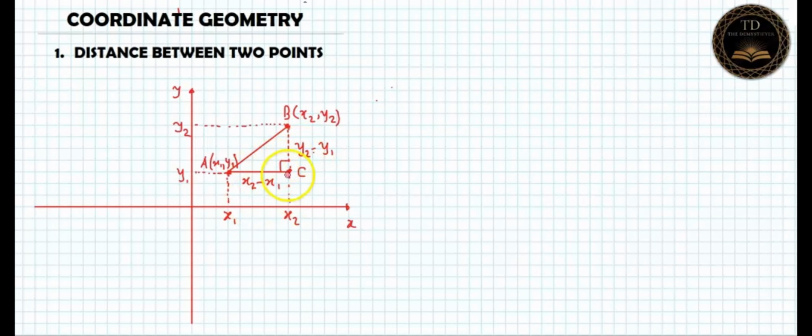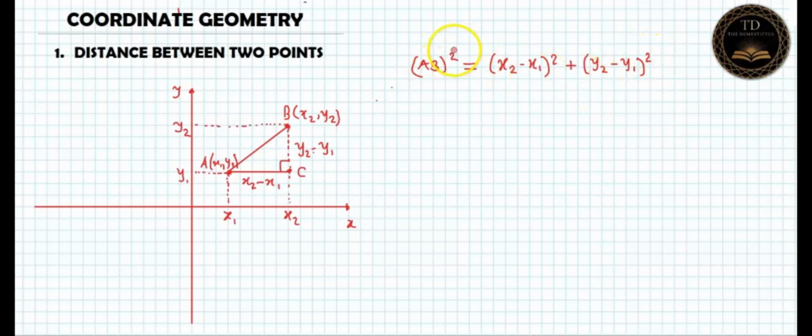Now applying Pythagoras theorem, the square of the hypotenuse, AB squared, will be equal to the sum of the squares of the other two sides. So we have AC, which is x2 minus x1 all squared, plus this side BC, which is y2 minus y1 all squared.